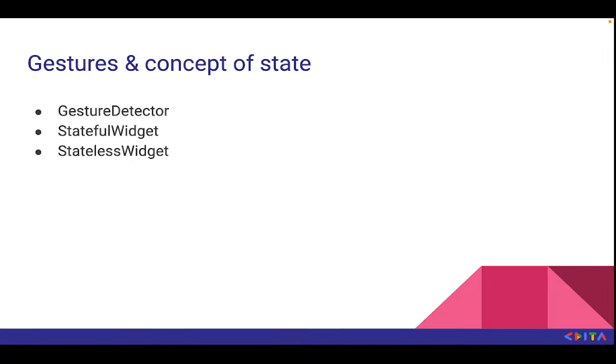So to handle gestures and the concept of state in Flutter, we're using gesture detector, and after that, stateful and stateless widgets. What gesture detector does is basically detect whether the user has interacted, for example, if they clicked on a button, so that can be easily used to perform some actions. And whenever you create a class, it always has to extend either a stateful or a stateless widget.